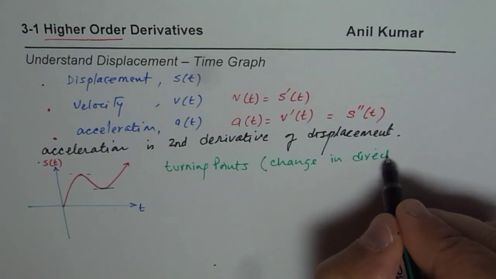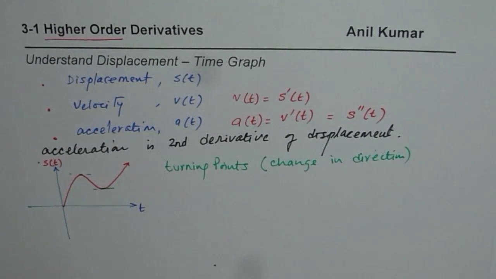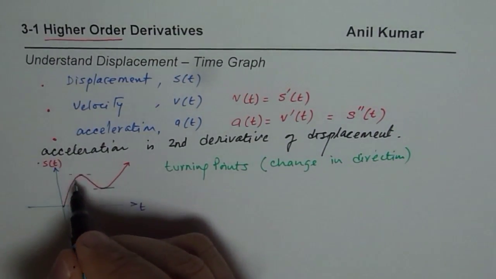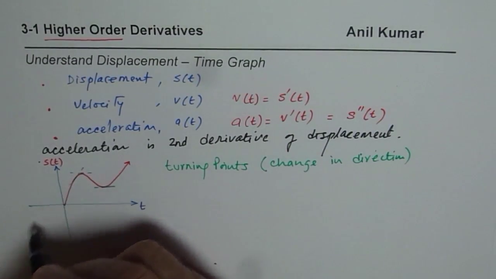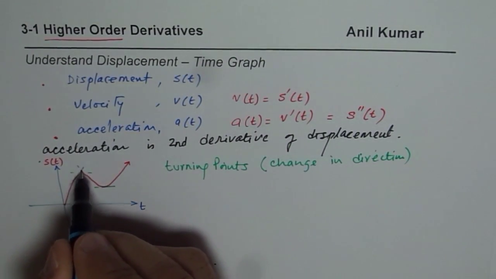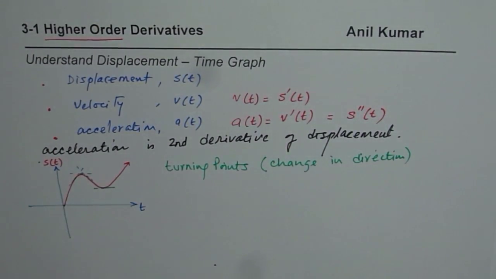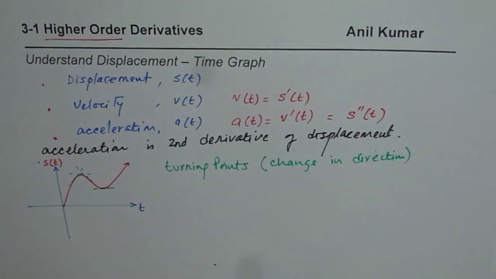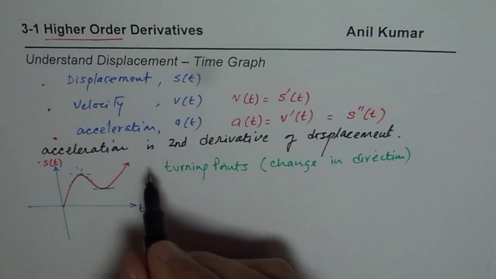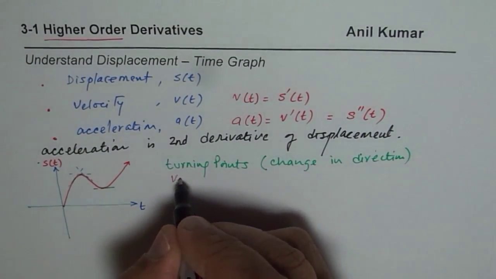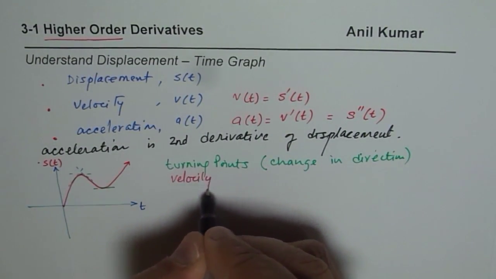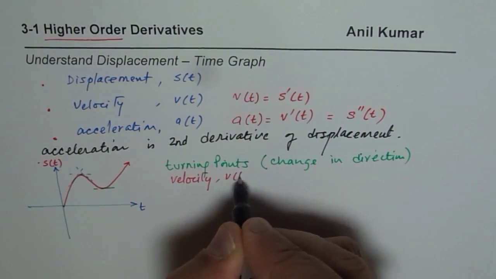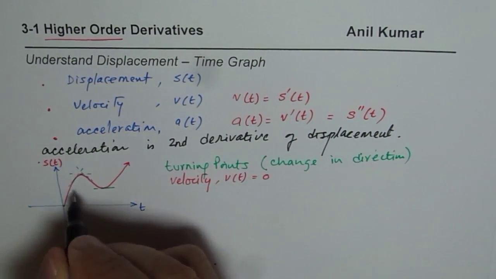Change in direction. Now you'll also observe that on the left side, if we draw a tangent, it will have positive slope. On the right side, the tangent has negative slope. Tangent is the velocity. So at this point, what do we observe? We observe that the velocity v of t equals 0 at these points.